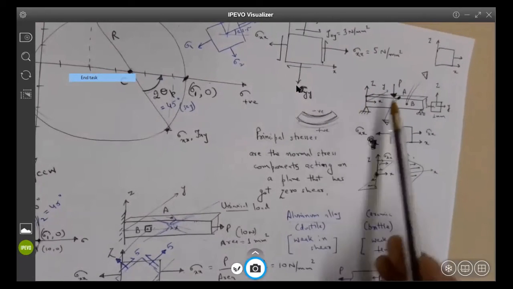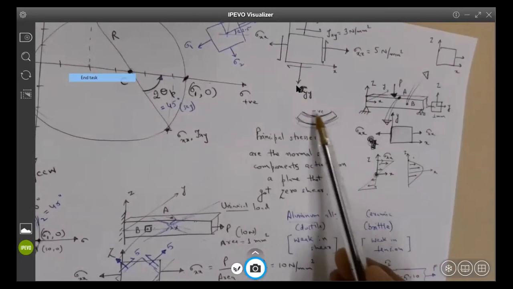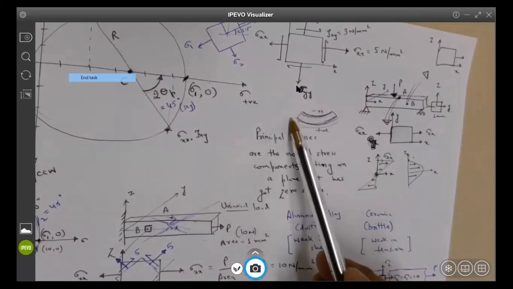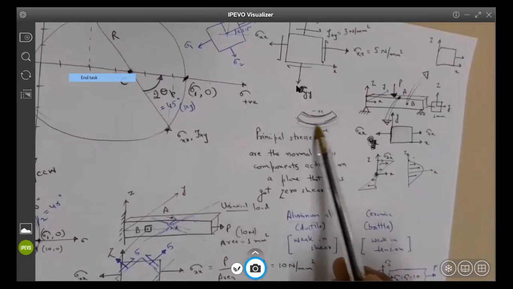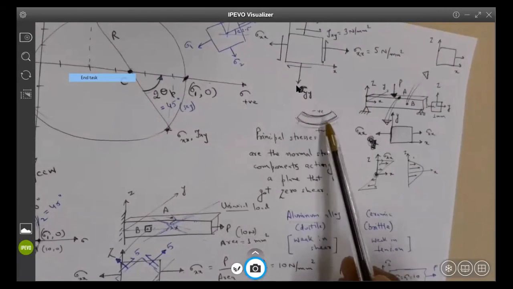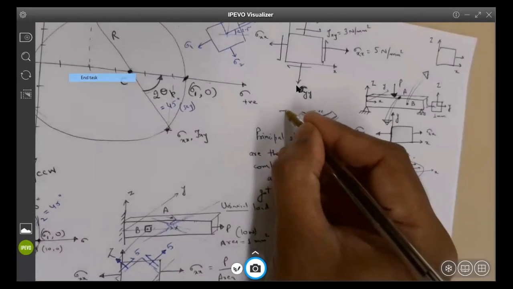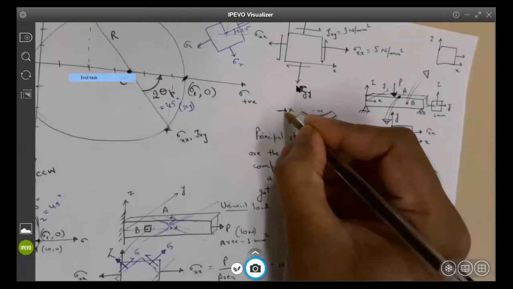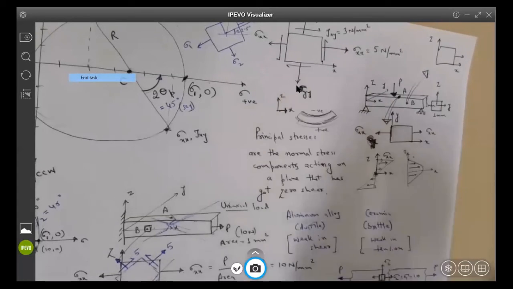So if you look at this, the deflection is happening like this. It is shortening in the x direction on the top, and increasing in length in the x direction at the bottom. So all the stresses are happening in the x direction, even if the load is coming from the top. Are you getting what I'm saying?